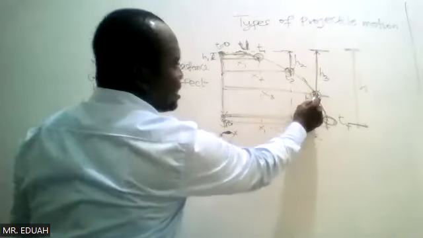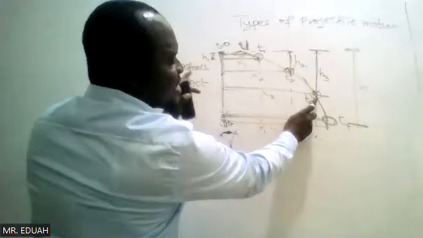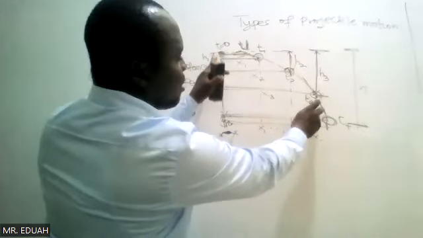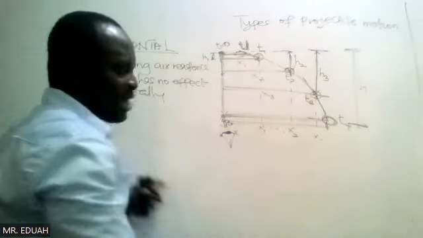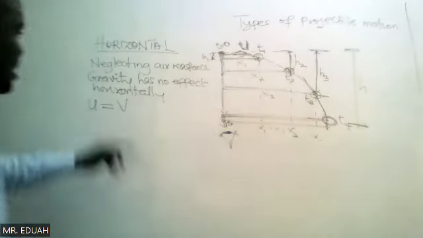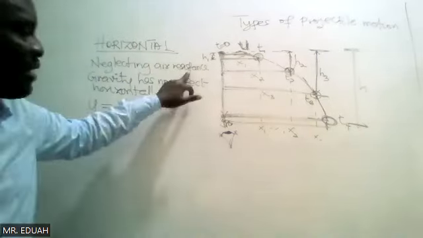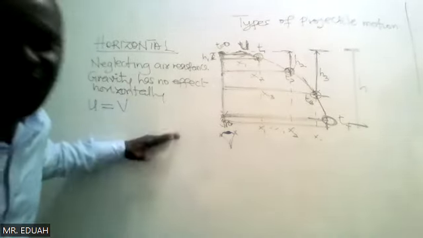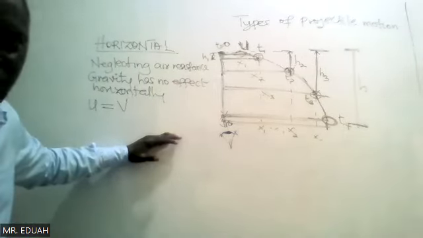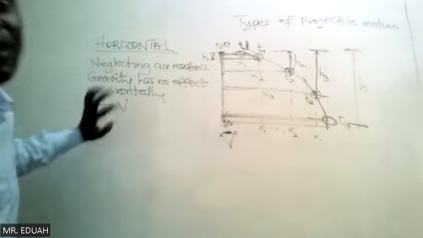When it comes to this point, and to this point, the horizontal velocity will still be equal to the velocity of projection, because horizontally we have neglected air resistance and gravity too has no effect on the body horizontally. That is why u is equal to v.